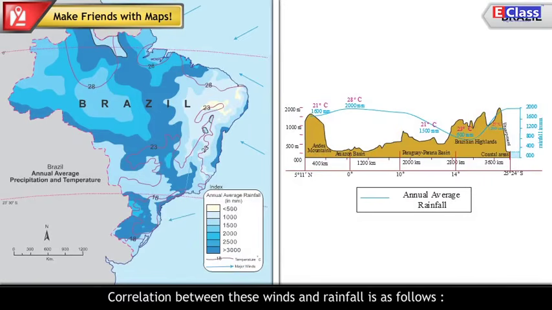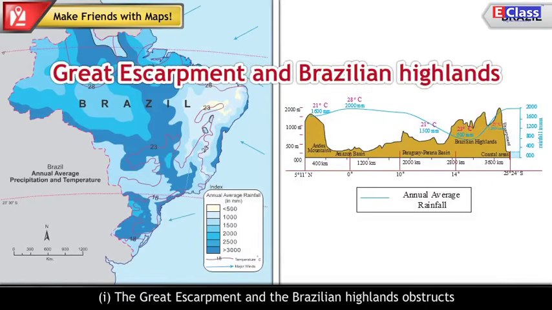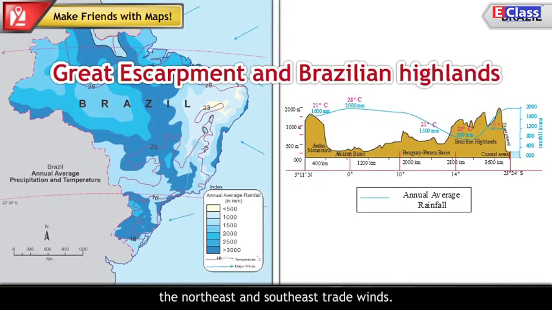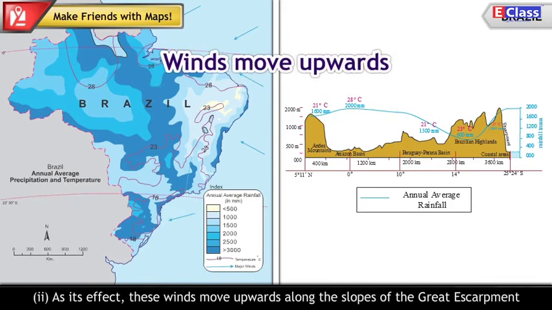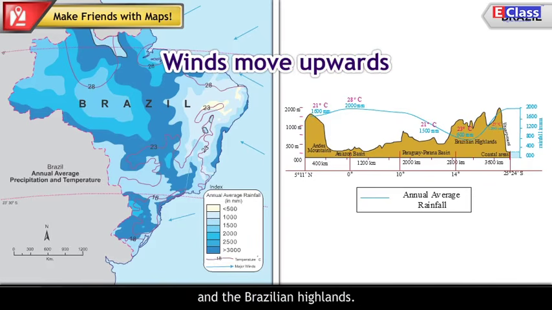Answer. Correlation between these winds and rainfall is as follows. The Great Escarpment and the Brazilian highlands obstruct the northeast and southeast trade winds. As its effect, these winds move upwards along the slopes of the Great Escarpment and the Brazilian highlands.